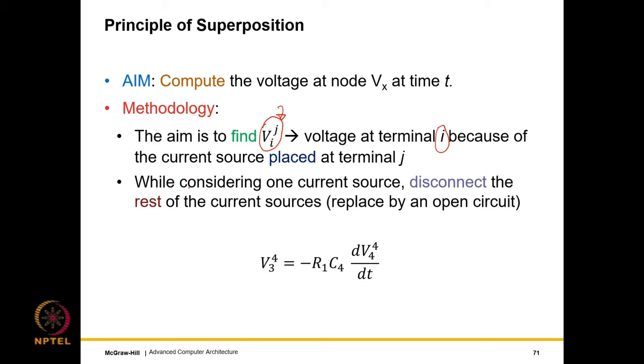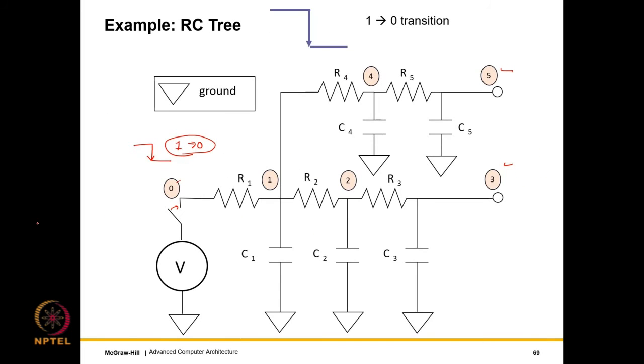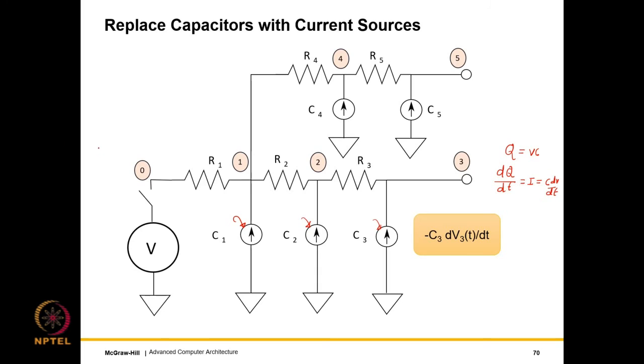If you go back to this slide, we would want to find the voltage at terminal i, which is, let's say, V1, because of the current source placed at terminal j, which in this case is 3. Since it's a linear system, superposition holds. If we add up all the components, we will get the voltage at terminal 1, which is V1, as a function of time.